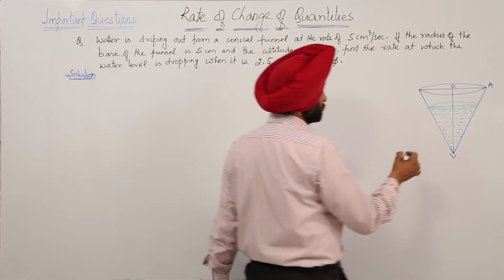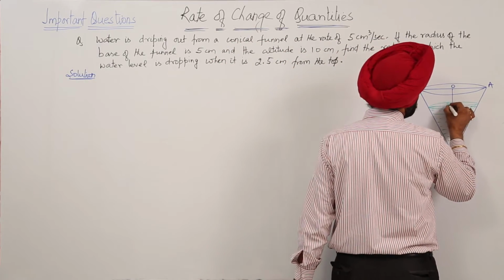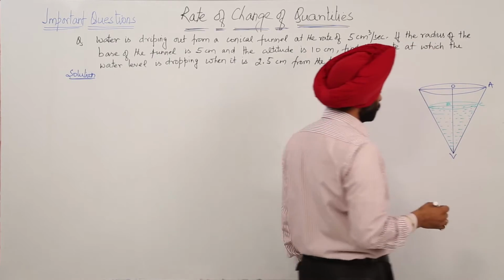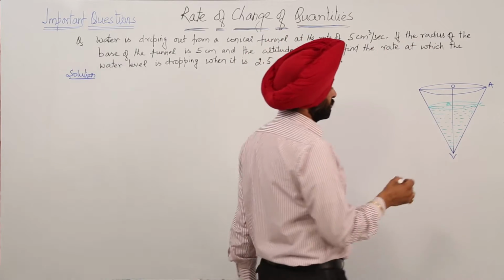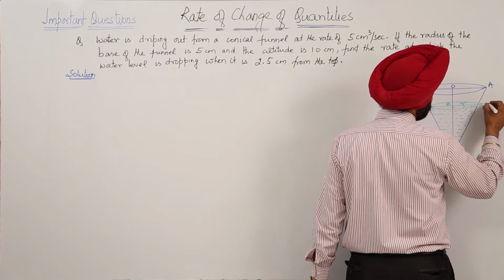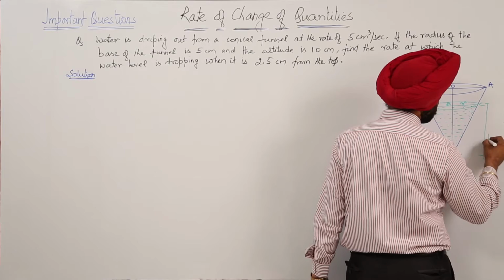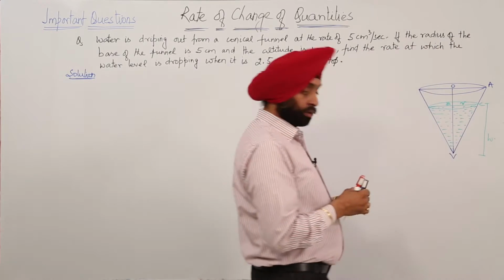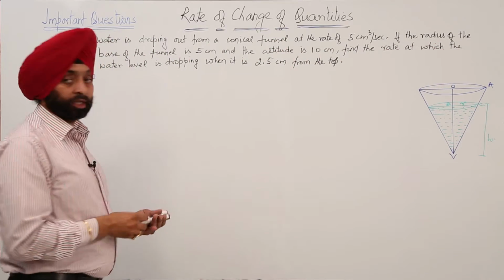Now suppose this is B and this is C. Now what they have given to us, and we are assuming that this is R and from here to here let it be H. Okay, so let's move with the statement part first.